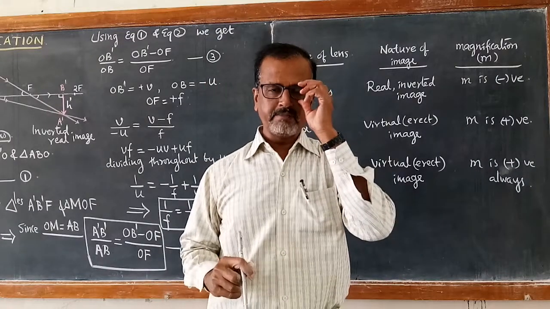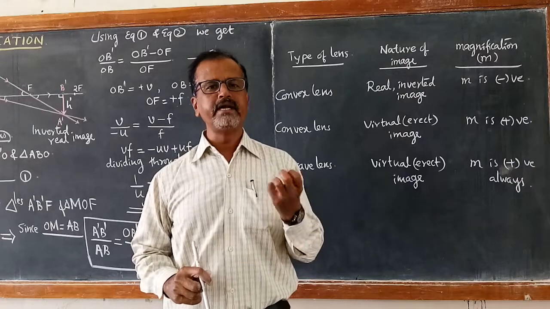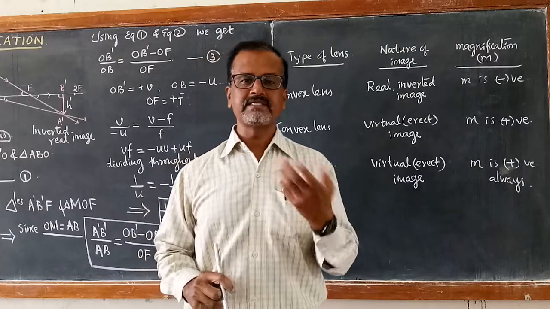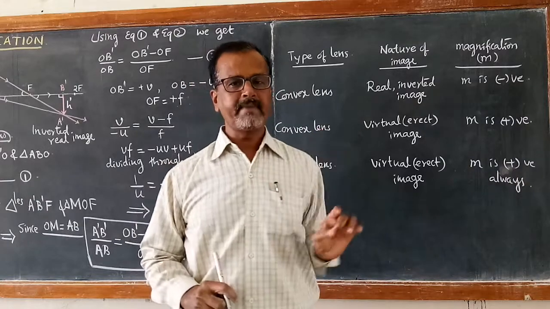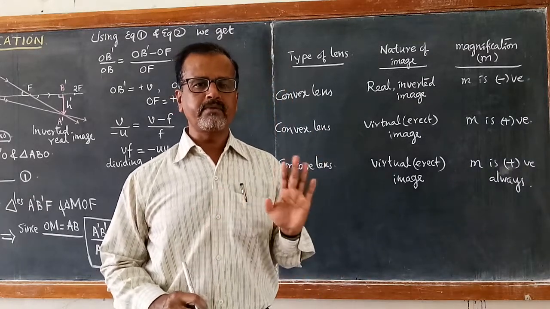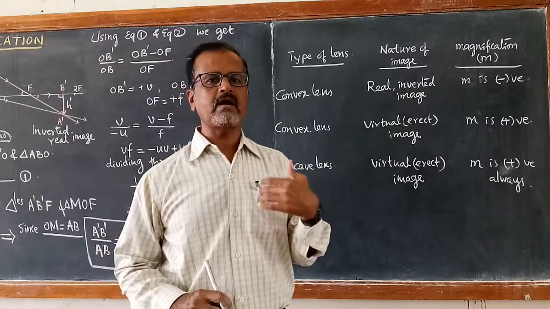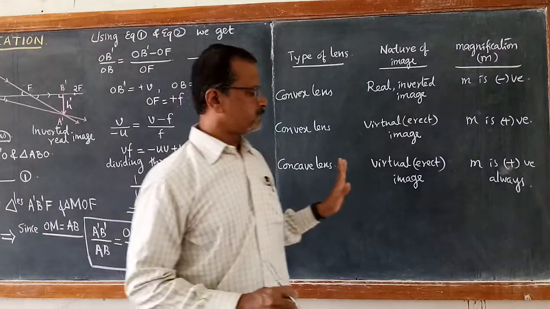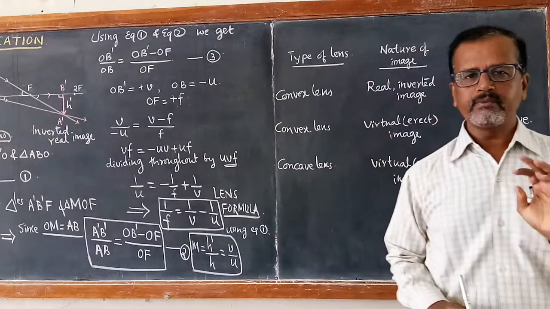If the size of the image is less than the size of the object, then it is a diminished image. How many times it is enlarged, how many times it is diminished, that ratio is called magnification. So in the next session we will solve different types of numerical problems both for convex lens and concave lens. Then the meaning of lens formula and mirror formula will be very clear.